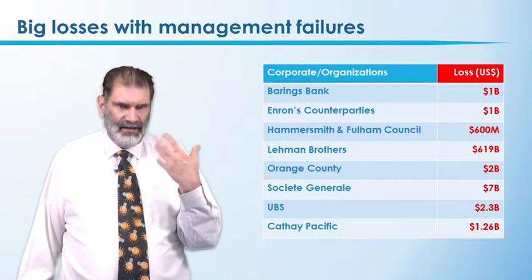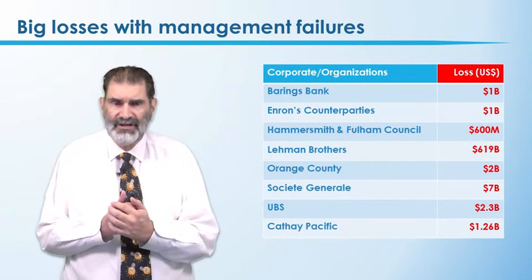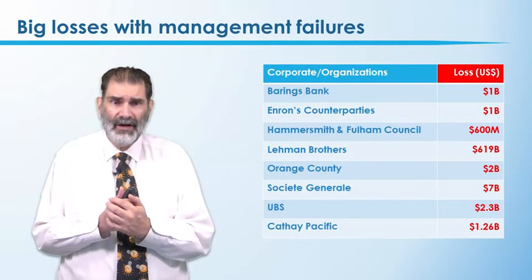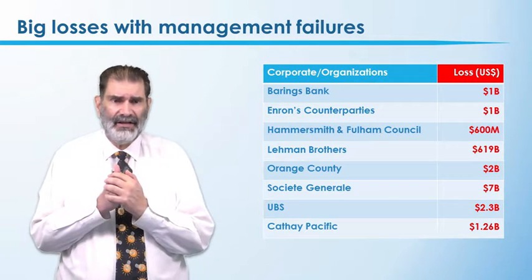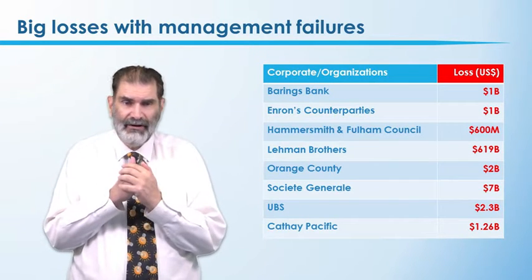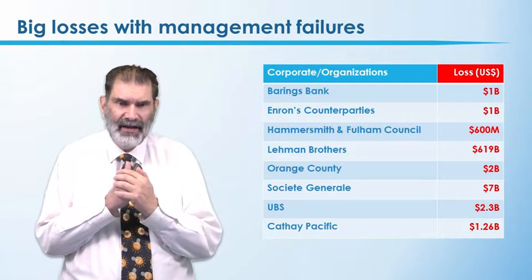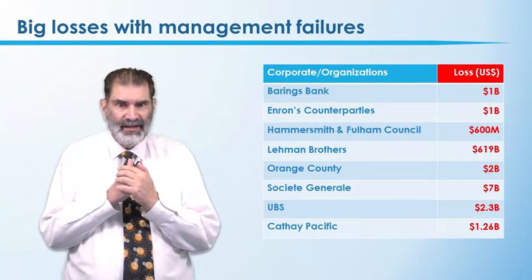Orange County found themselves in a situation where their treasurer and their chief financial officer was making more and more money and doing very well in trading in derivatives. And this was good for Orange County, and their management was quite happy with their finance people making money year after year, and they made big bonuses. But then things went wrong.